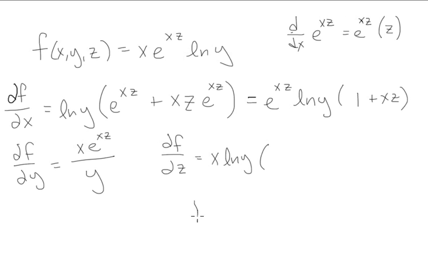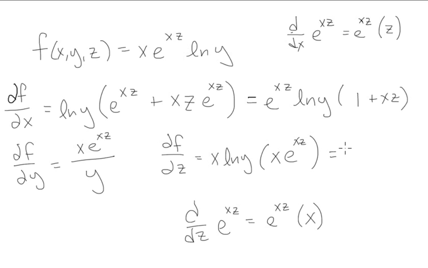So it's a chain rule. I have e to the xz, the derivative of the outside function evaluated at the inside, times the derivative with respect to z of the inside function. The derivative of xz is just x. So I have x e to the xz.